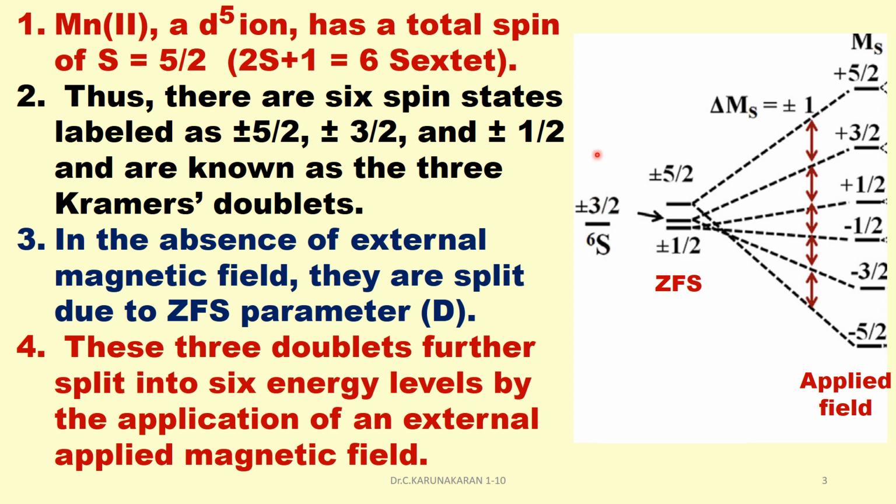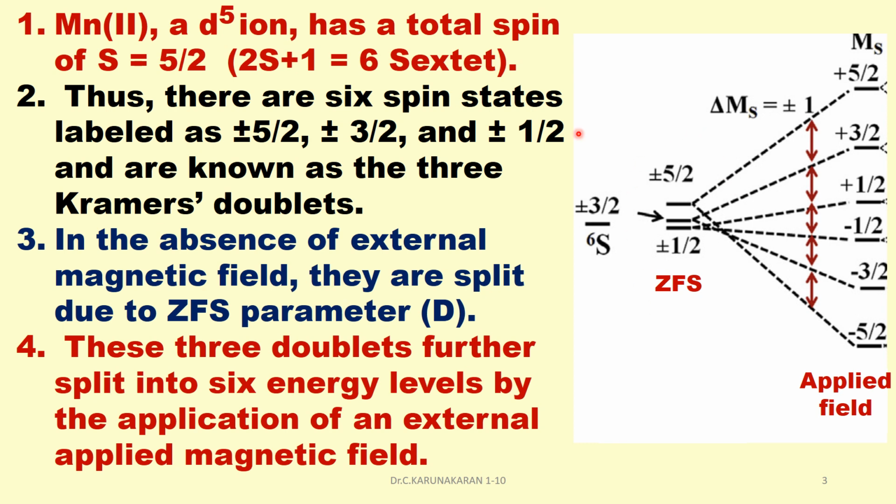The manganese ion in the gaseous state does not split due to zero field splitting, whereas manganese ion in the crystal field splits into 3 doubly degenerate levels, known as 3 Kramers doublets.